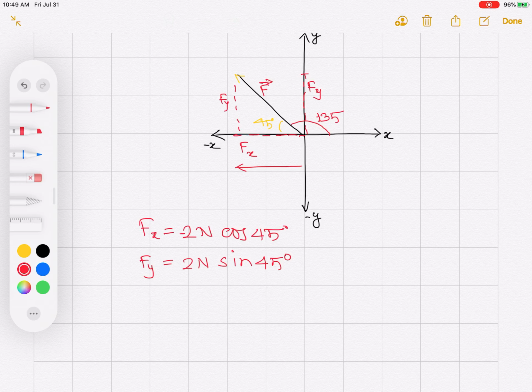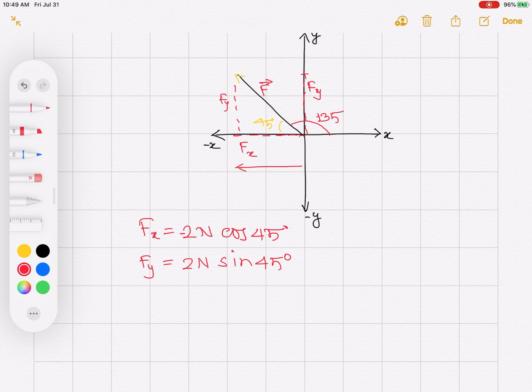You can always do it like this. You need to take care of the signs, whether the component is going in positive x or negative x, or positive y or negative y.